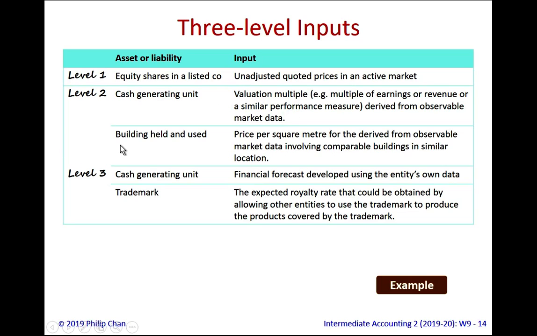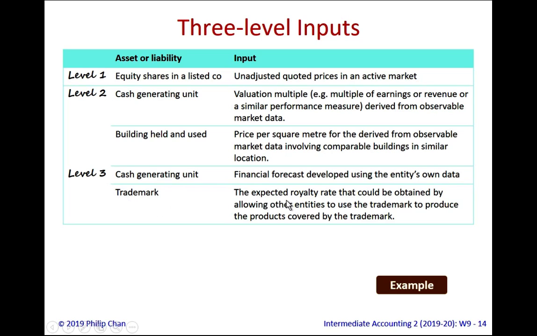In the third case, where you have a building held and used, the price per square meter derived from the observable market, again involving comparable buildings in a similar location, then it will be level 2. Now level 3, again, it is still the example of cash generating units, but this time you don't have input from outside, but instead you are building up a financial forecast using your own company data, so they are unobservable data, then it will be level 3.